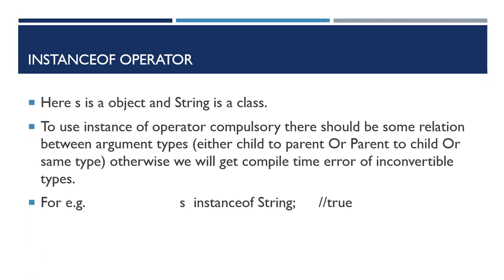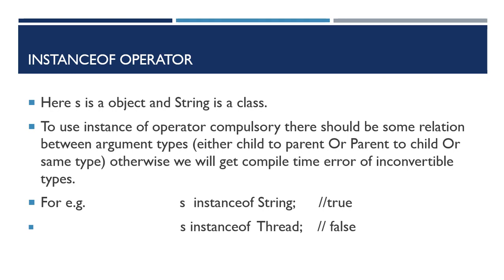Let's take an example here. In this case, the object that we are using and the class we have are of the same type, so we are not going to get an error. But here we have an object of string type, that is s, and a class of Thread type. As we know, there is no relationship between the String class and the Thread class.